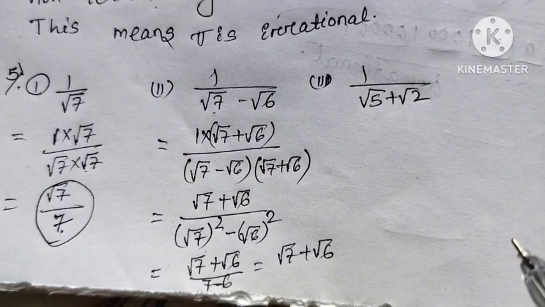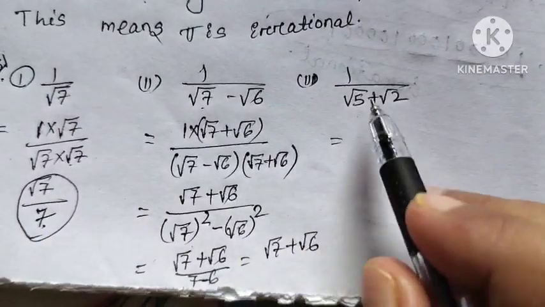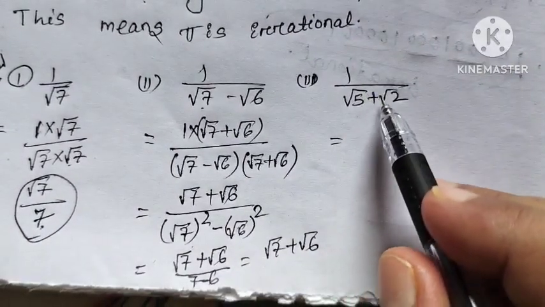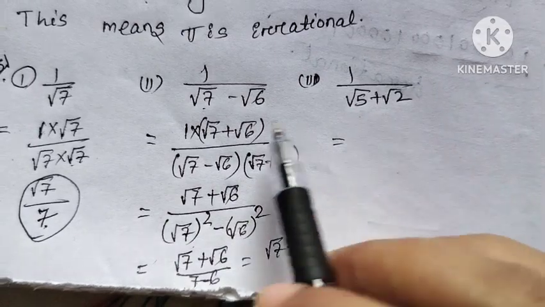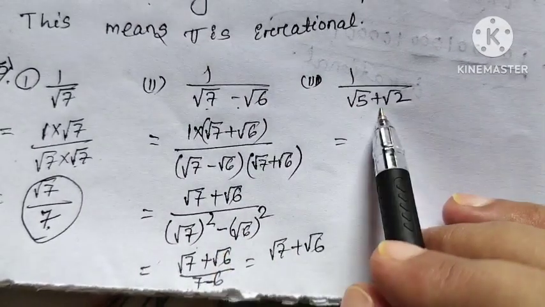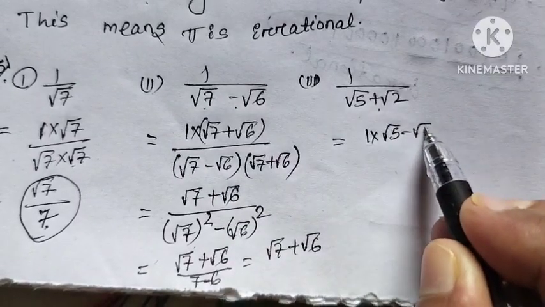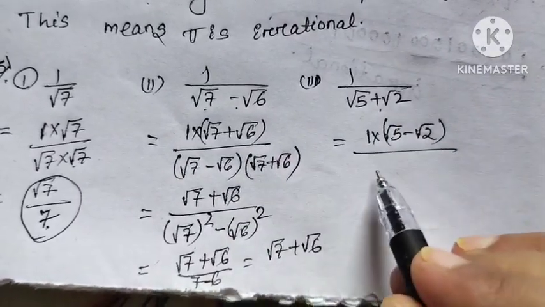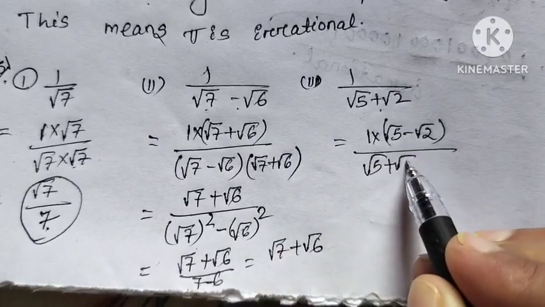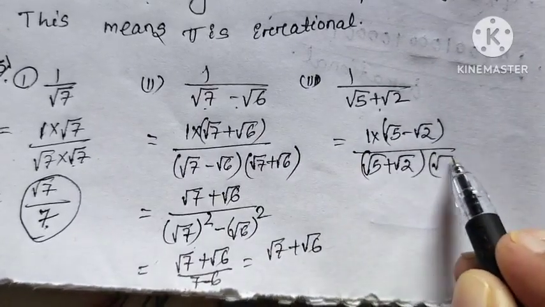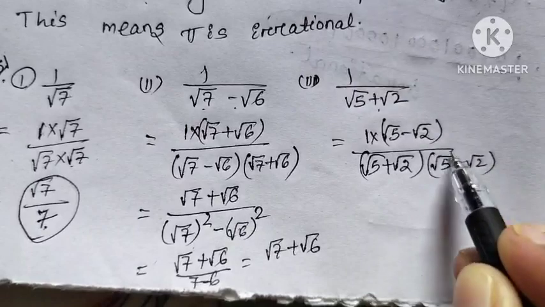1. The next question is given: 1 by root 5 plus root 2. Same thing, here minus is given, here plus is given. Then you multiply what? Root 5 minus root 2 divided by root 5 plus root 2 into root 5 minus root 2.